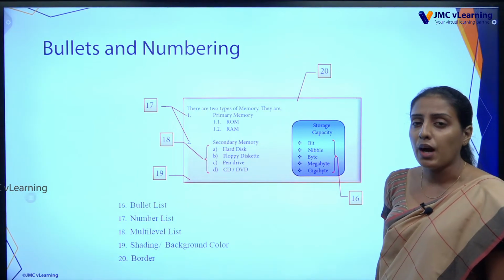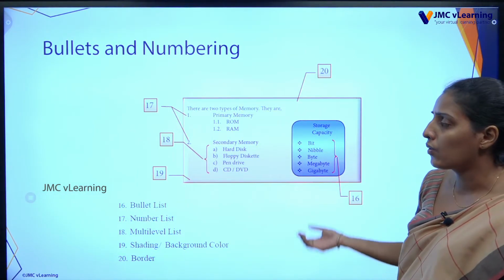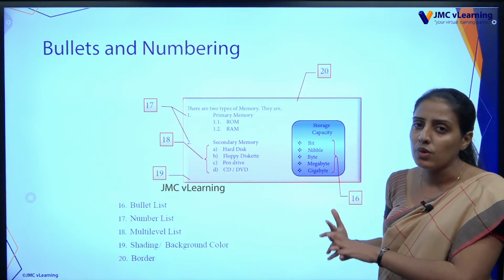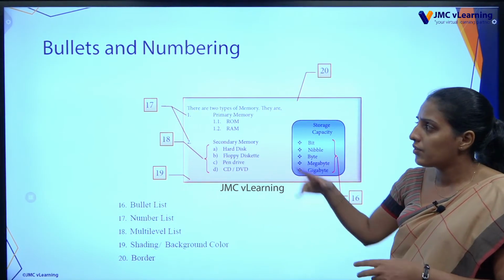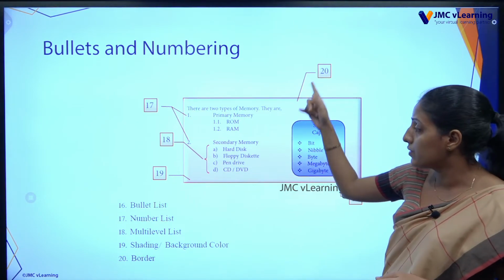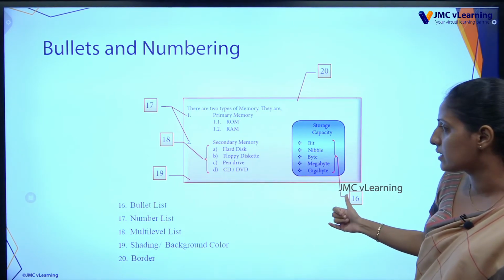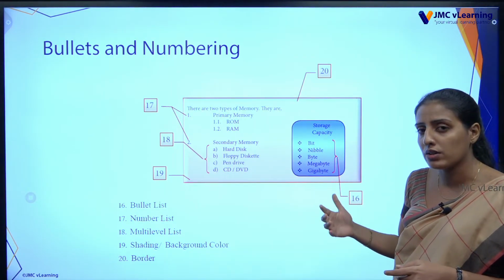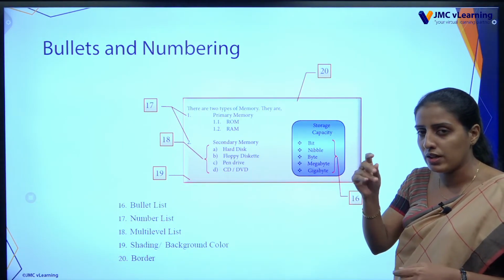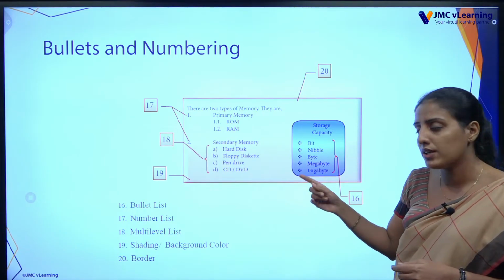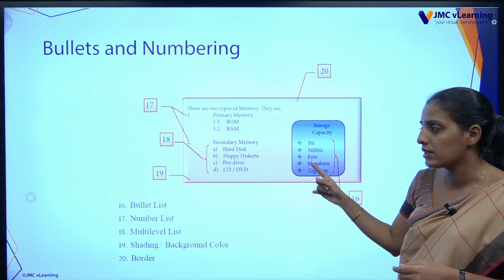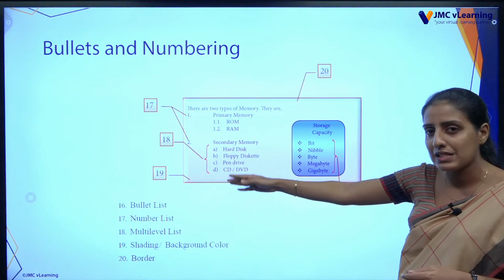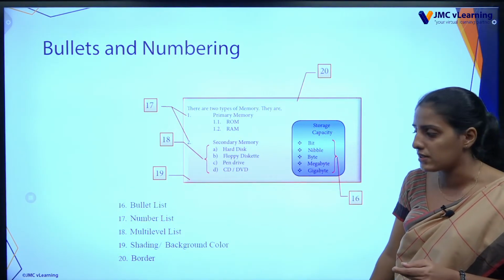Now, bullets and numbering. Here also remember you can use numbering for the text. Number 17 you can see is the bullet list. When you want to use not the numbers but only different types of symbols, you can use the bullet list, and if it is 1 2 3 or ABC, that is the number list.